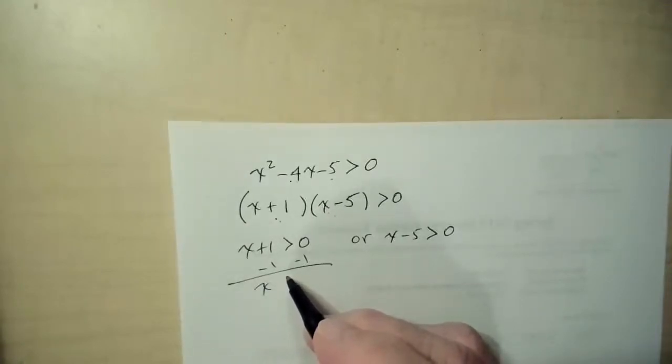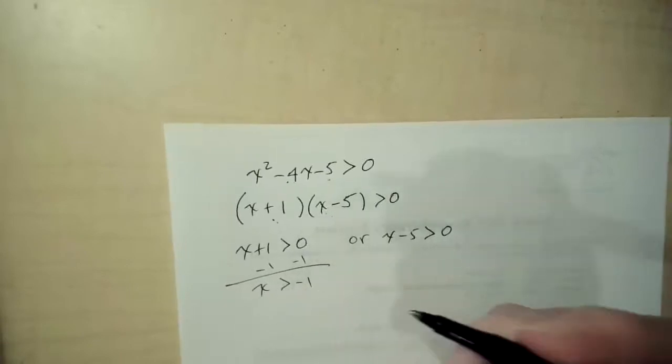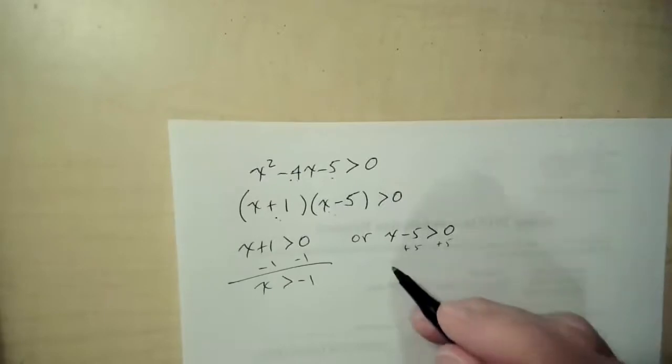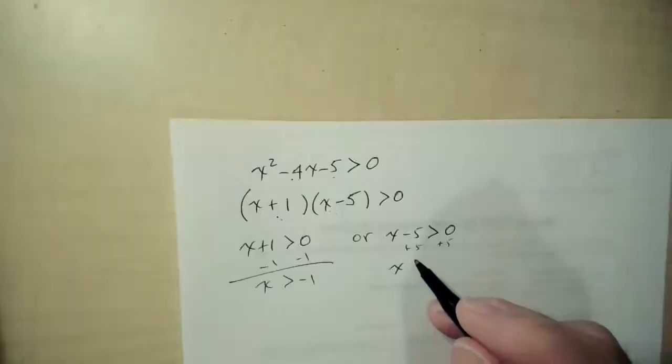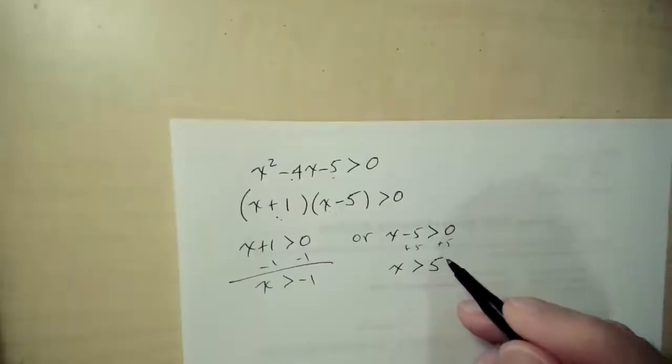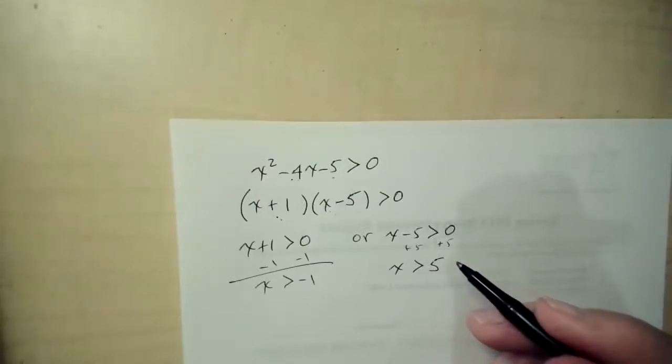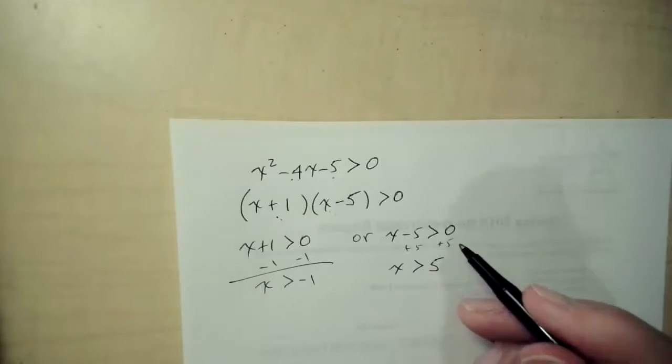Subtract 1 from each side, x becomes greater than negative 1. And this one, we're going to add 5 to each side. x is greater than positive 5.